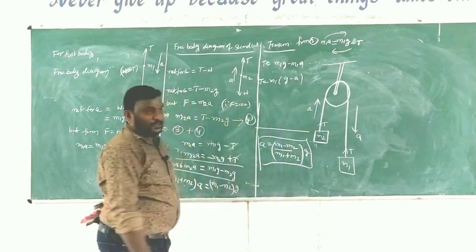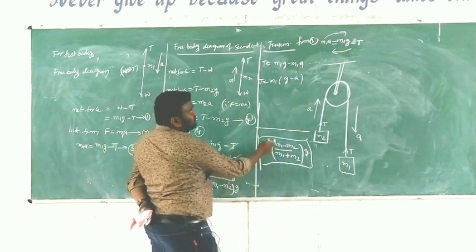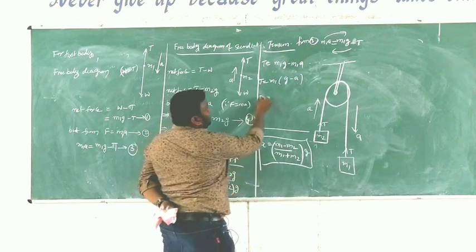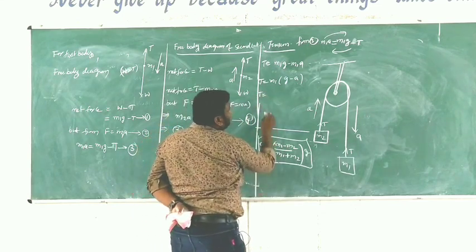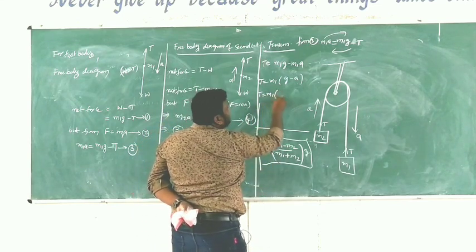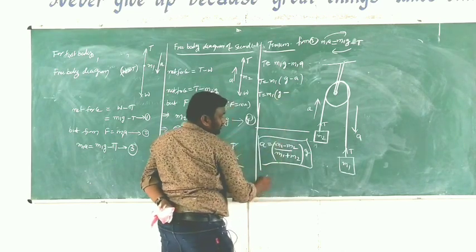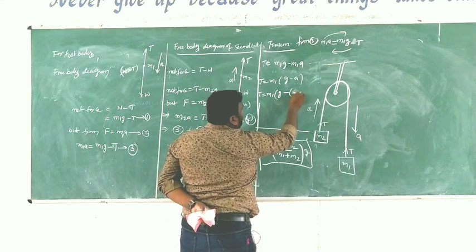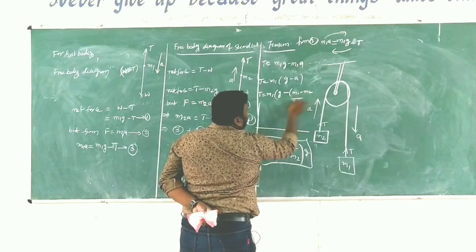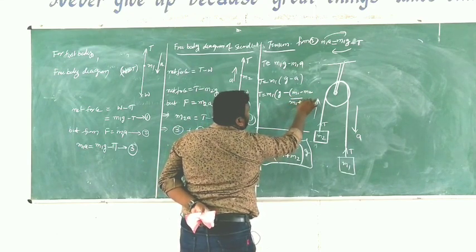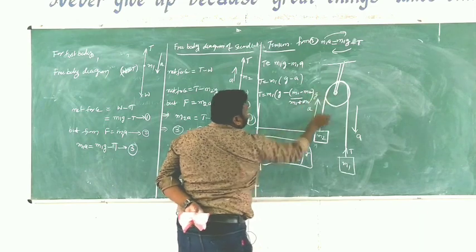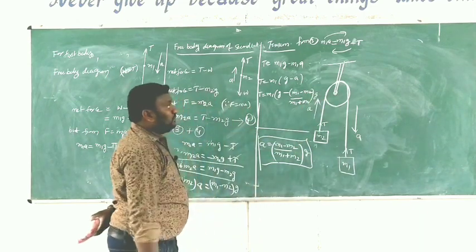G minus A. What is the A value? This is the A value. Then again, I am writing T is equal to M1 into G minus M1 minus M2 by M1 plus M2 into G. Clear?